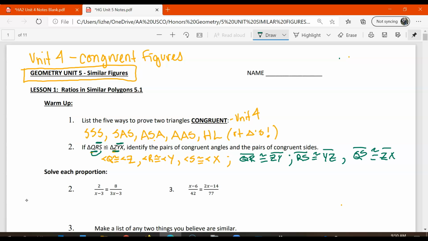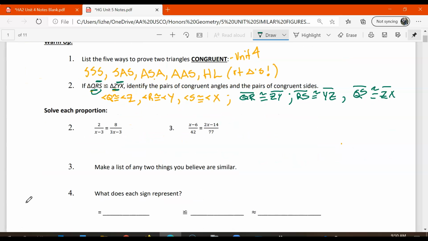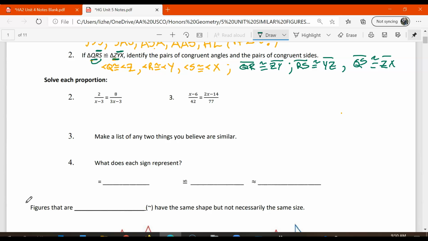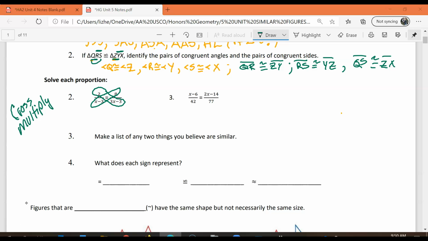So now we're going to do a little proportion review here for question 2. Solve each proportion. So what we have here is fraction equals fraction. And whenever you have fraction equals fraction, you can do cross multiply. Hopefully you've learned that before. So that means 2 times 3x minus 3 equals 8 times x minus 3.